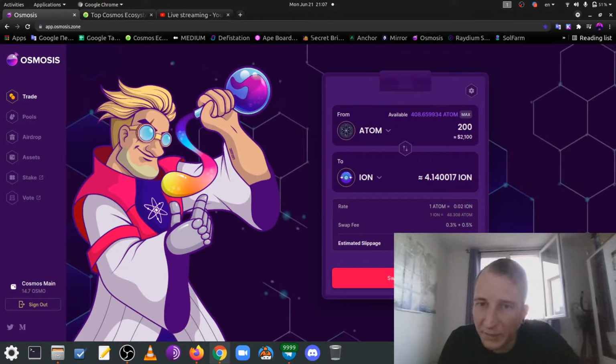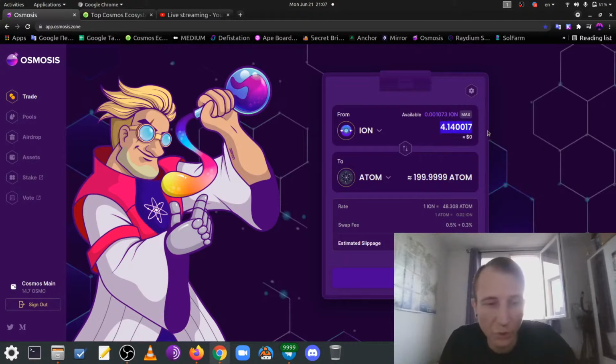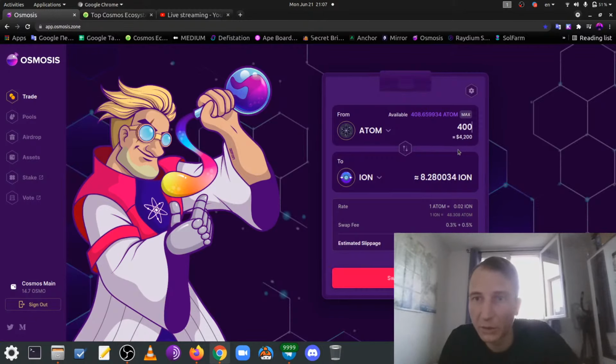What it means? It means that if I put here 10 and return back. For example, if I try to buy ions for 400 atoms, I will not get 8.28 ions.